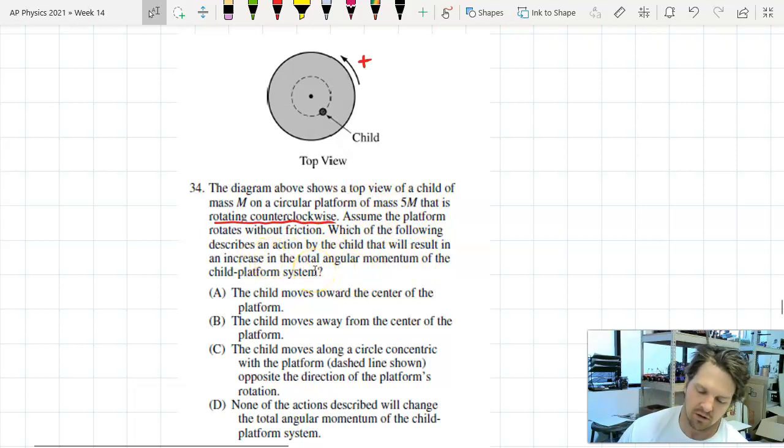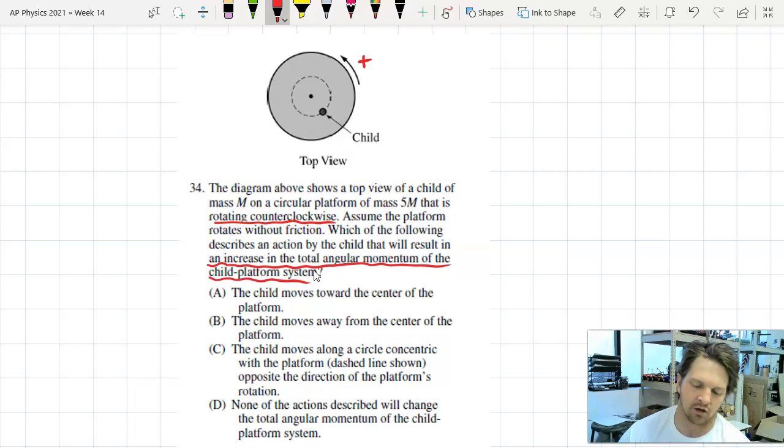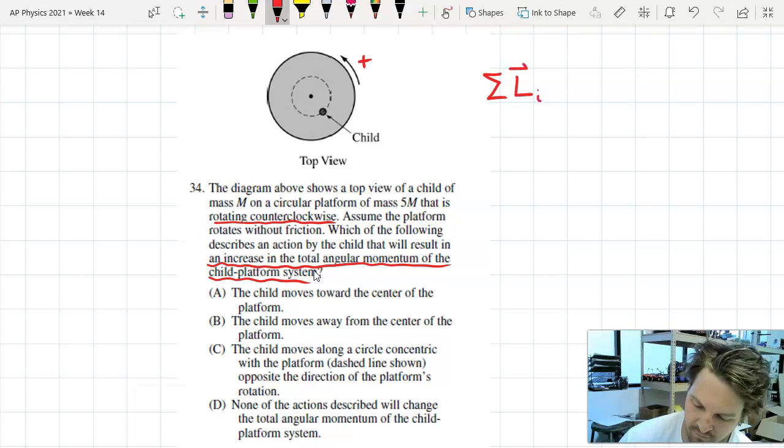Here's the deal. This is the important part. Total angular momentum of the child platform system. What do we know about momentum? Conservation of momentum says the sum of all your momentums before, and this is angular momentum, so capital L, has to equal the sum of all the angular momentums after.